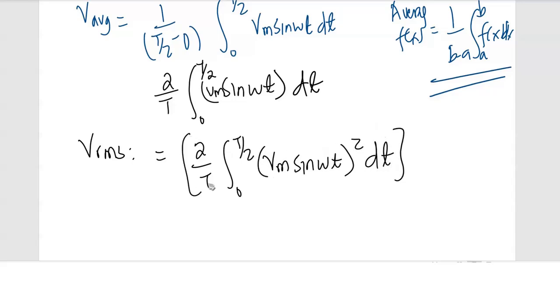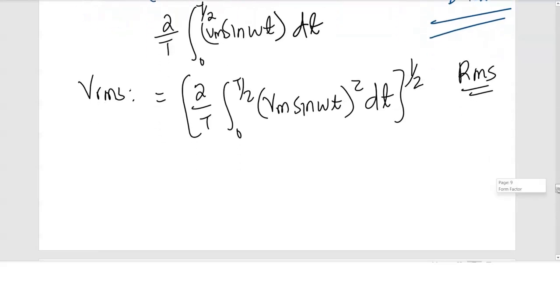Then we take the square root of the mean. This gives you the root mean square. We first square, then take the mean, and then we take its root. That's what it means. So we proceed.